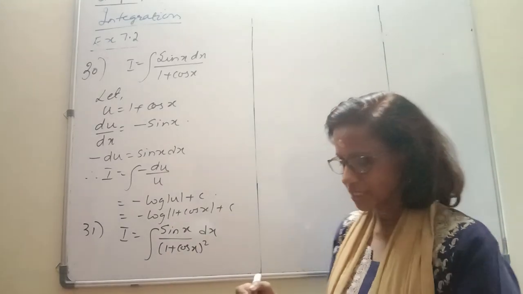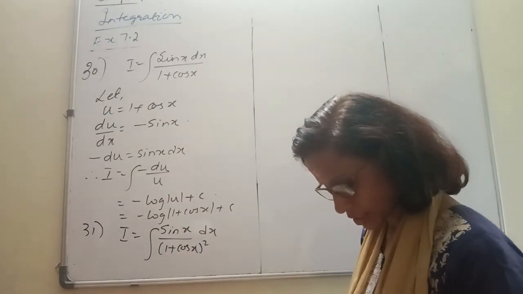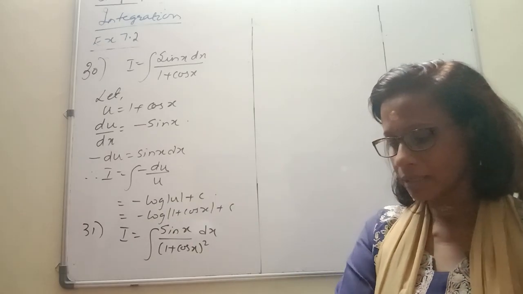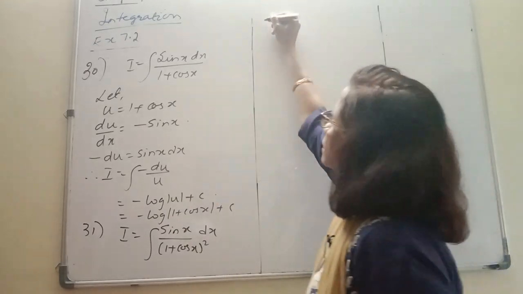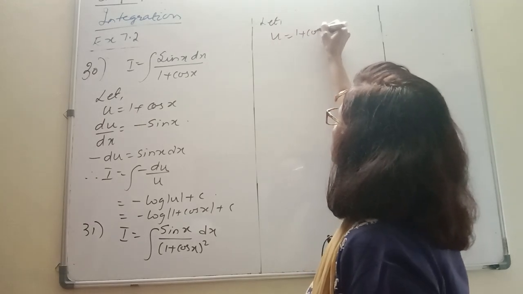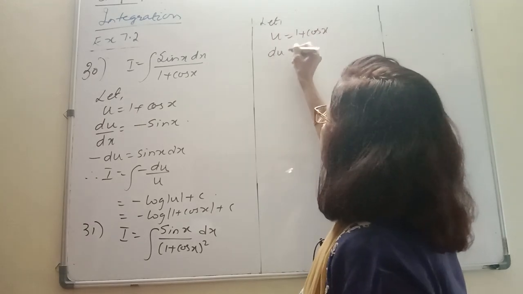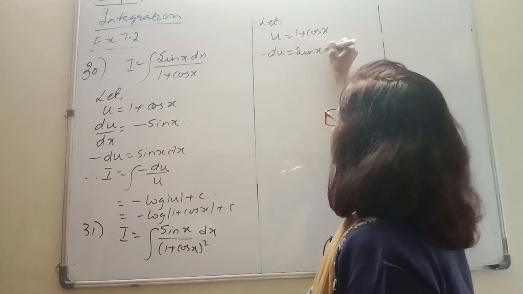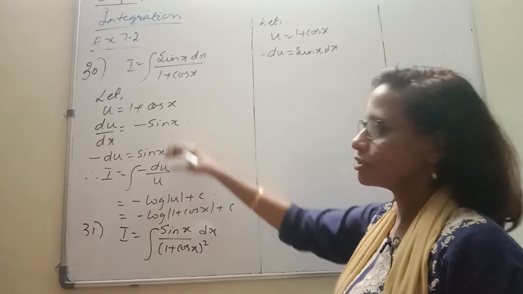So let's move exactly as we moved over here and let's try to see how the derivatives are going to come up. So here it's going to be, as we did here, u to be 1 plus cos x. So you get negative du as sin x dx. Yeah, I can brief it up because it's already there over here.